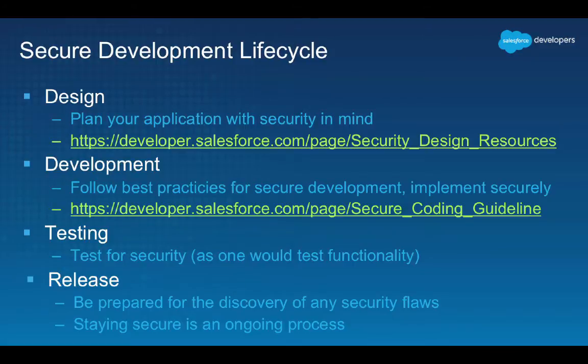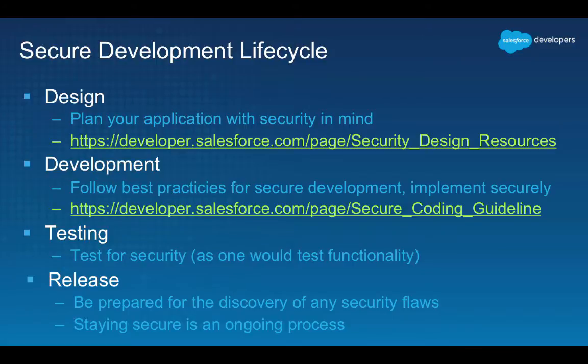When you're architecting things, when you're laying out how parts will interact, you want to keep in mind access control, who can see what, and we'll see in further webinars what other aspects of security you'll want to keep in mind when designing. When you reach the development phase, you'll want to follow the best practices for secure development and practice secure implementation. And for both of these, we have some resources in the slides to our security pages. We'll have more resources later in the presentation.